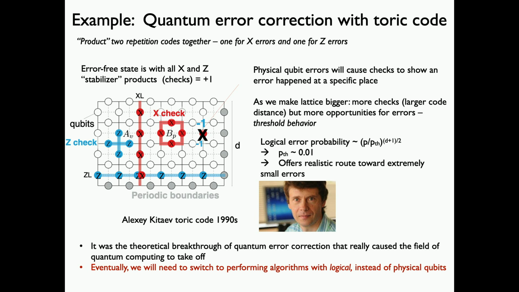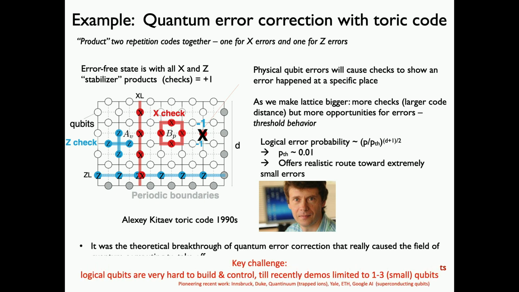You also need to make these stabilizer measurements. So you have a lot of ingredients which normally you wouldn't think about while you build a quantum computer. And while it is clear that eventually we would need to switch from doing quantum computation with physical to logical qubits, this example shows why this is challenging to implement.